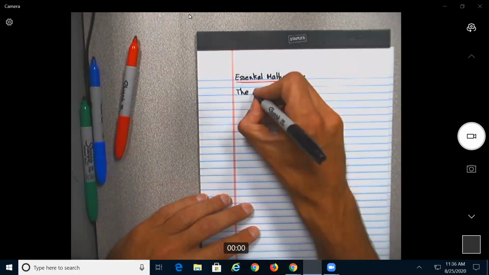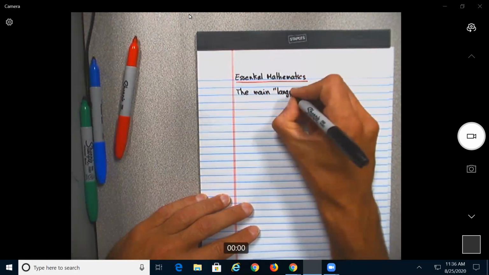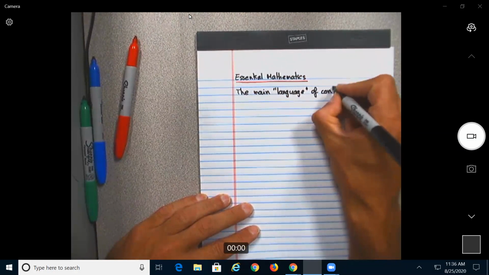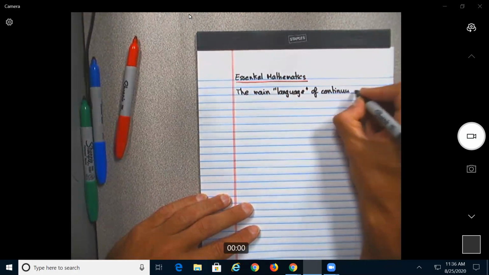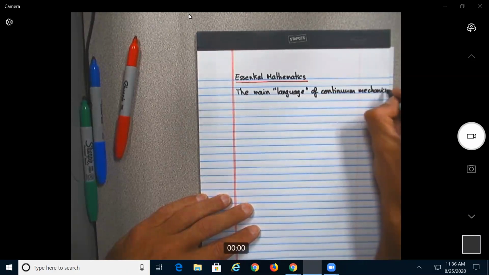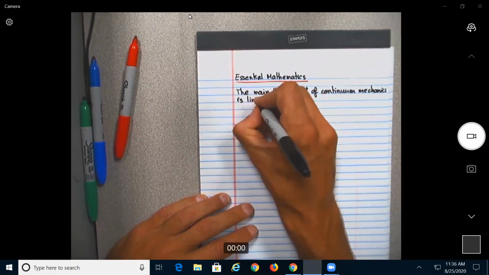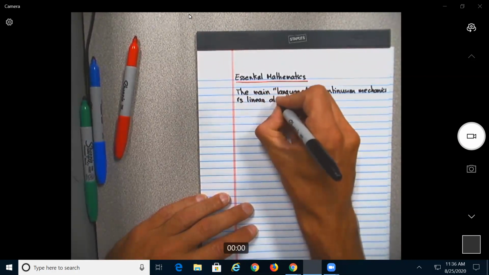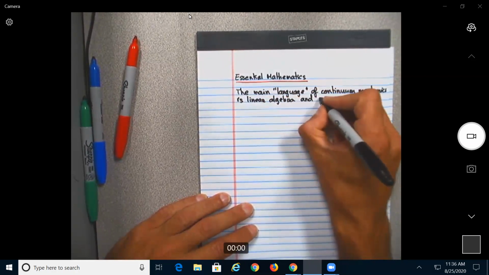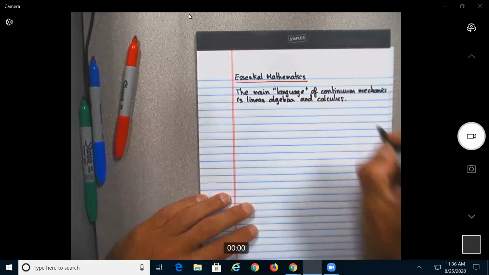So I'm just going to say the main language of continuum mechanics is linear algebra and calculus. And in calculus, it will be a lot more tensors, okay?